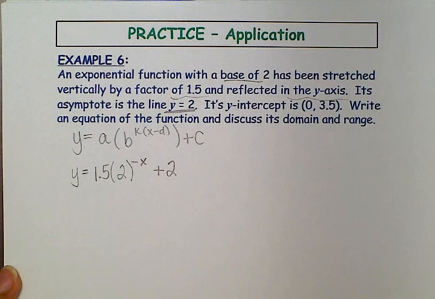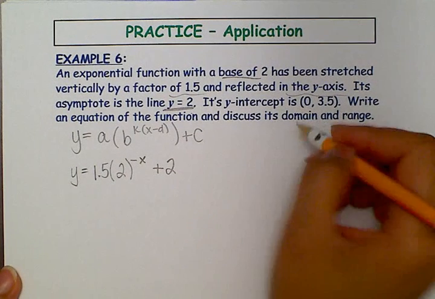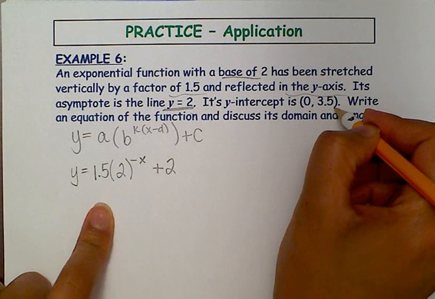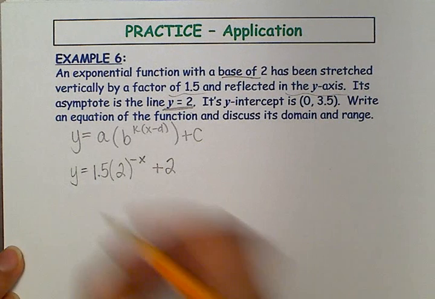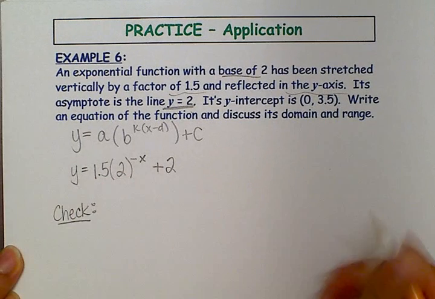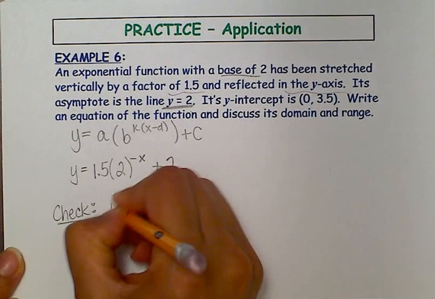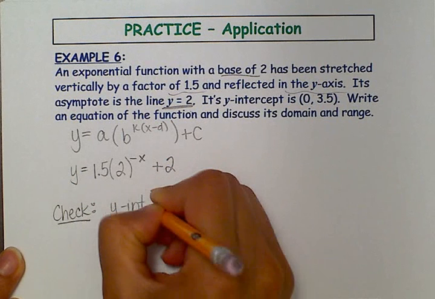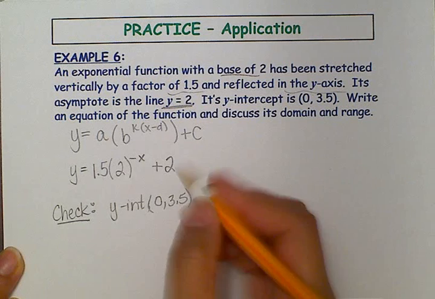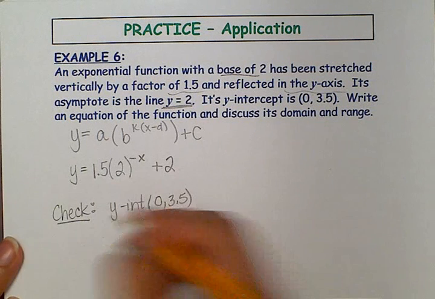Now, it's also telling me that the y-intercept is at (0, 3.5). I don't really know if this function satisfies that condition, but hey, doesn't hurt to check. So here's a quick check to see if the y-intercept is (0, 3.5).